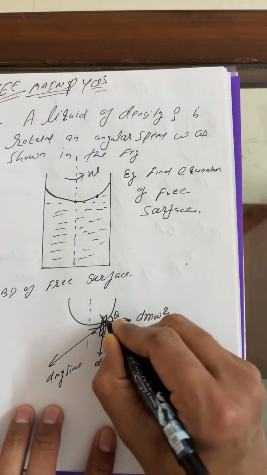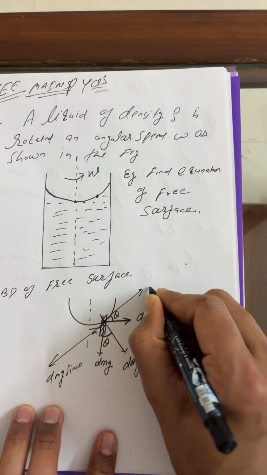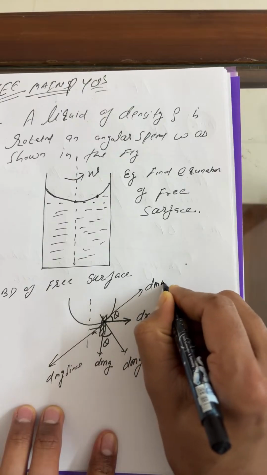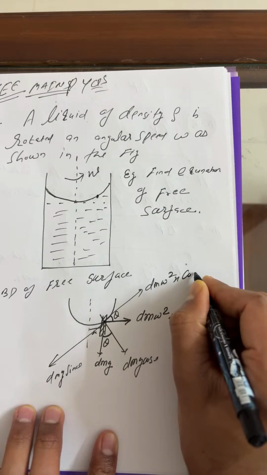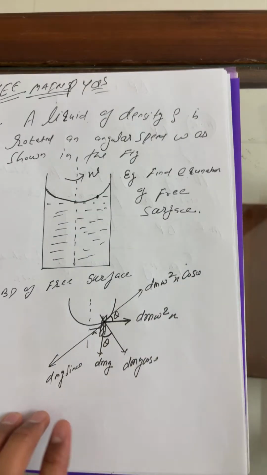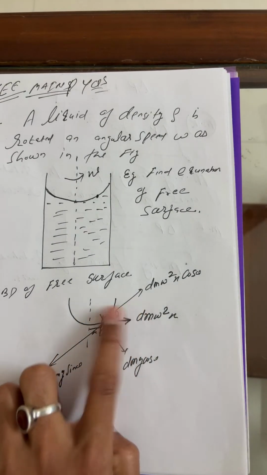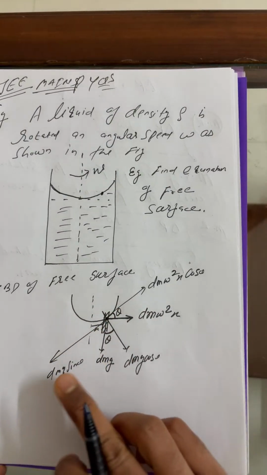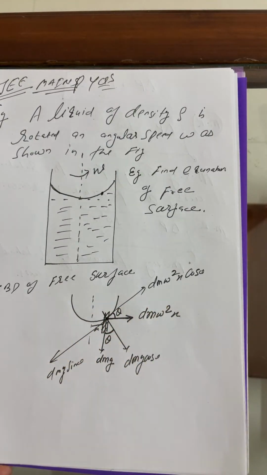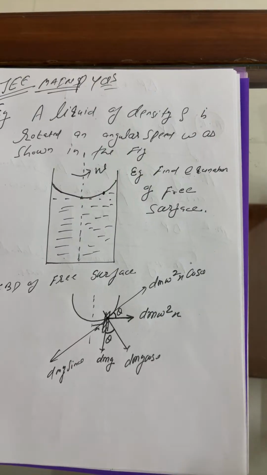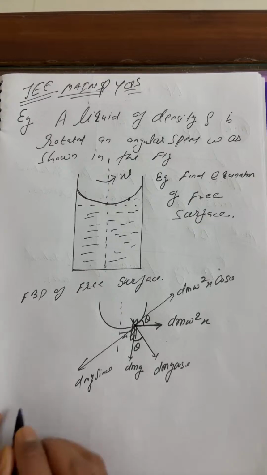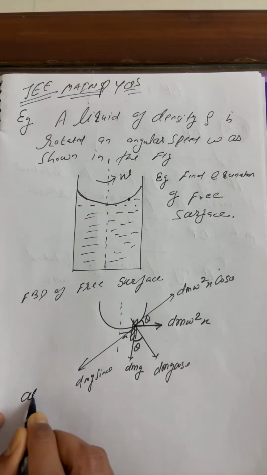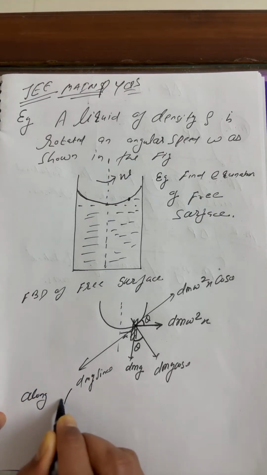Now we take the component of this one, which is dm omega square x cos theta. Along the tangent, students, equate these two forces and you will get a relation.